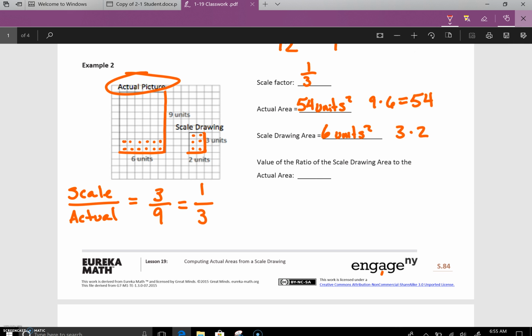We just found it, 6. You put the actual area on bottom. We just found that as well, 54. And these simplify down both by 6, and you get 1 over 9. So what that means is the area of the scale drawing is 1/9, or 9 times smaller than the actual picture.